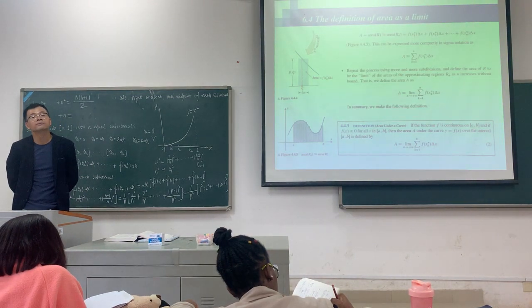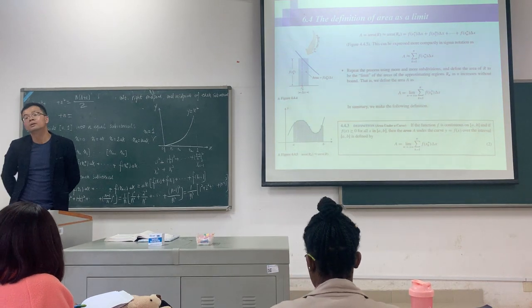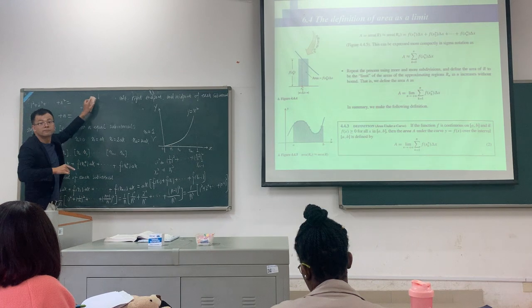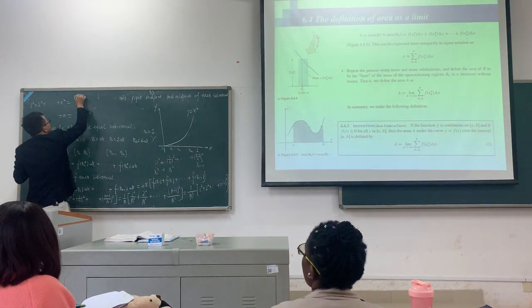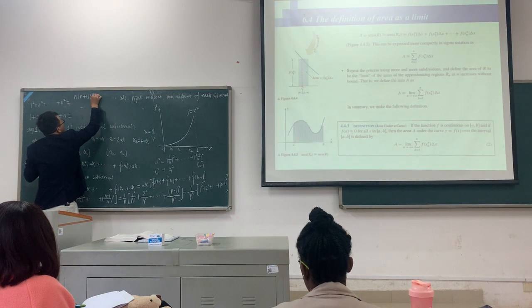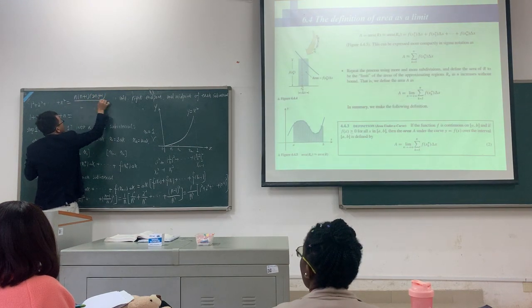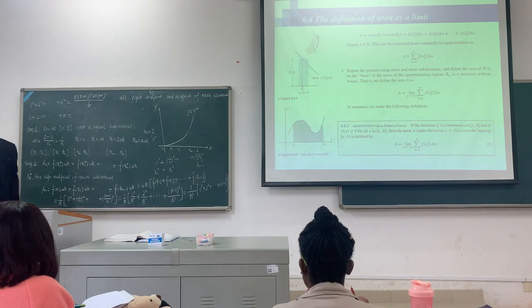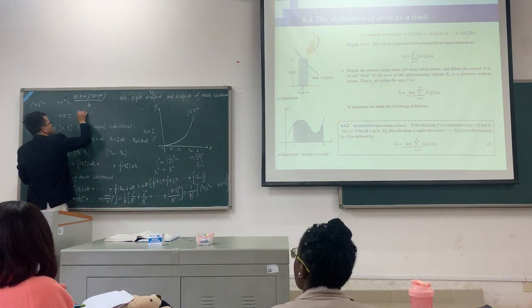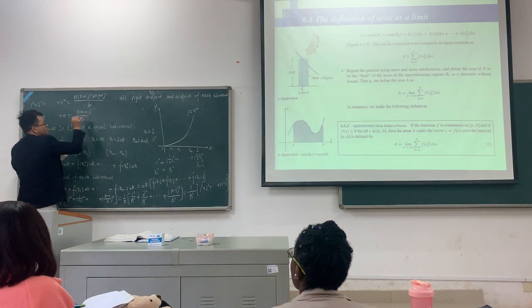So who knows? So you. Here is what? n open bracket n plus 1 close bracket open bracket 2n plus 1 over 6. Yeah, this is one. So what about this one? n plus 1 over 2. Yeah.